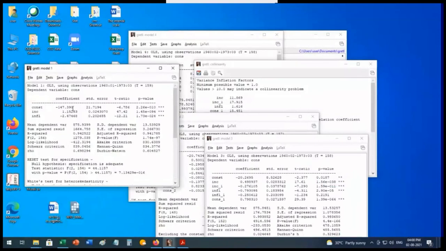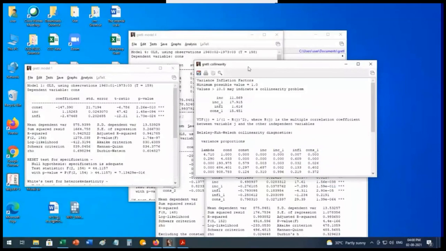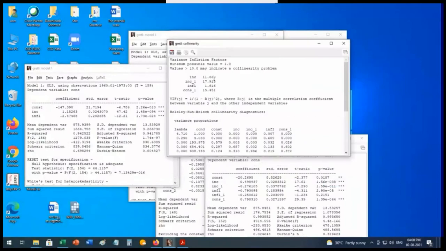So if we remove these variables, income, income minus 1 and consumption minus 1, then we will have the problem of getting an inadequate model. So we go for the last remedy, that is, just ignore this problem.